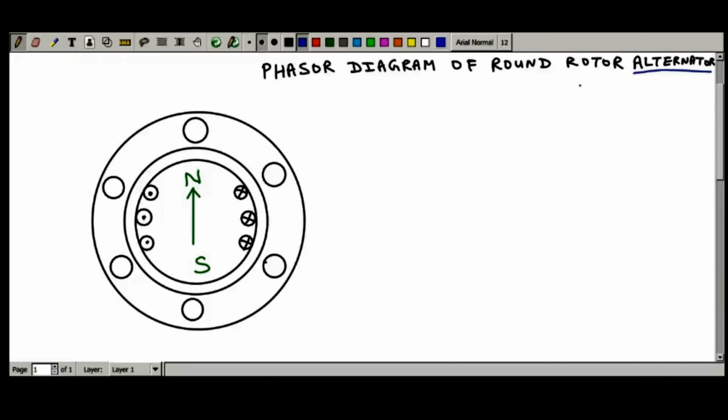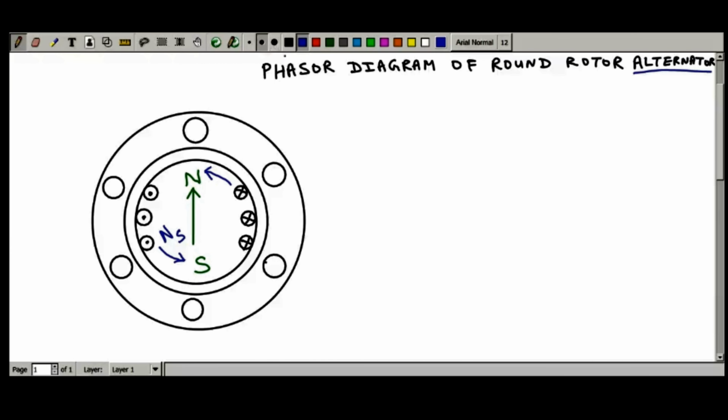So let us assume that the prime mover is driving the rotor in anti-clockwise direction at synchronous speed. We are showing this by an arrow marking on the rotor, that the rotor is driven by a prime mover in anti-clockwise direction at synchronous speed ns.